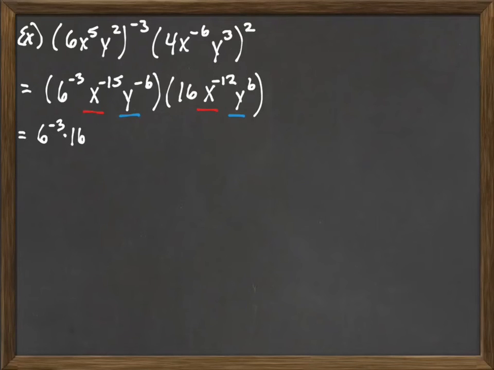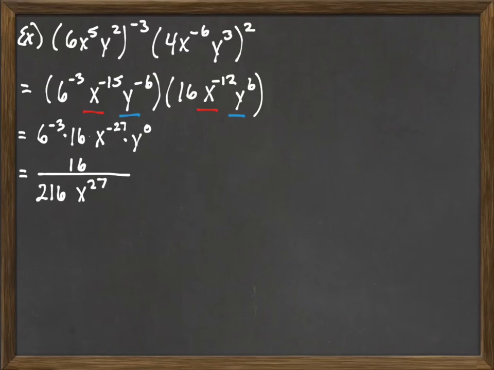Negative 15 plus negative 12 gives me x to the negative 27th power. And then y to the negative 6th times y to the 6th would be y to the 0. If you wanted to write down 1, you certainly could do that. I'm just going to write it down as y to the 0 for the moment, and then we'll come back to it.